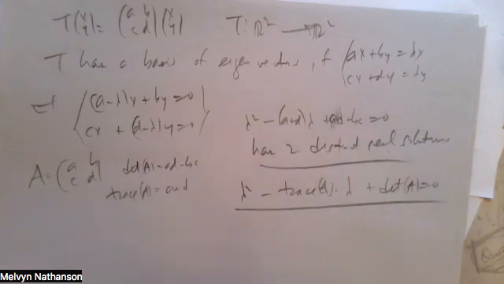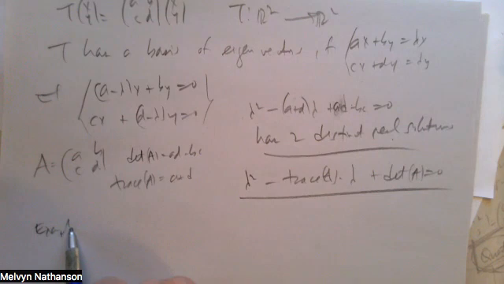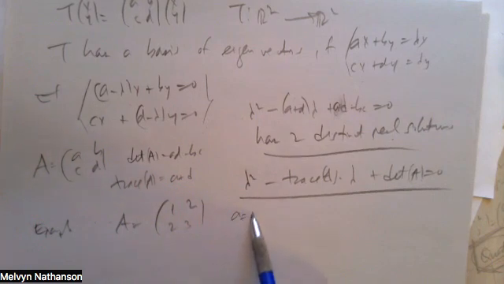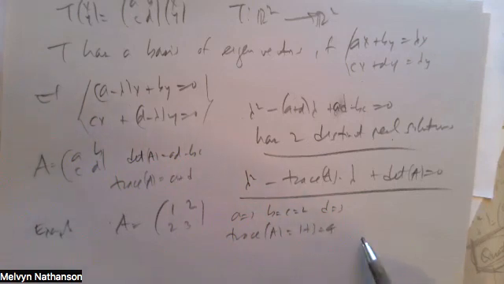Let's look at an example. Let's pick another example. Suppose that A is the matrix 1, 2, 2, 3. So A is 1, B and C are 2, D is 3. The trace of A is 1 plus 3, or 4.